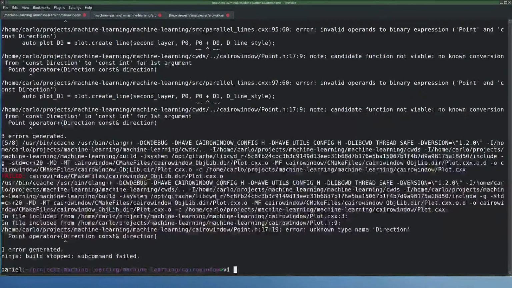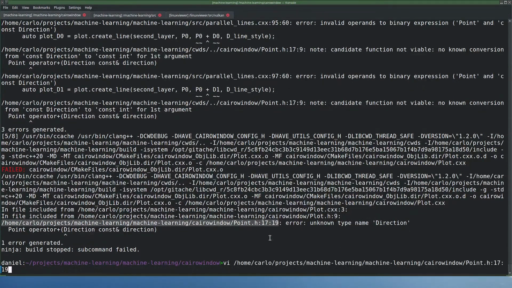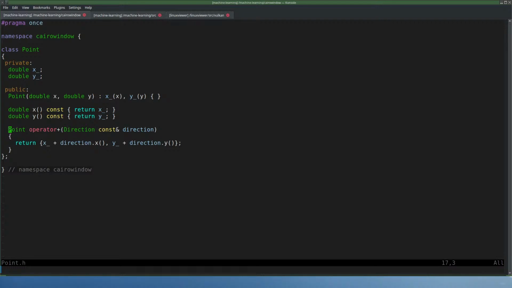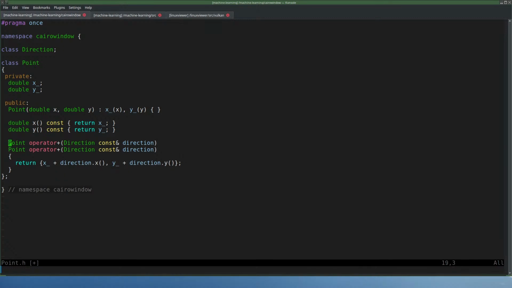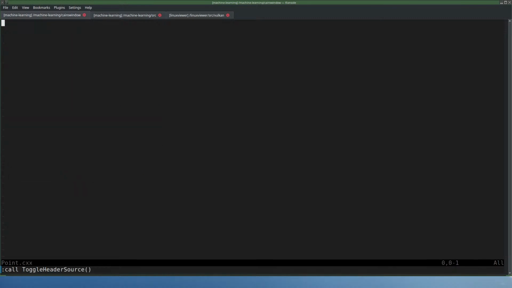What? Unknown type name direction. Yeah, maybe it's not safe to add it. Just declare direction here and then do it in a .cxx file, which doesn't exist yet, of course. Point, there was a member function of point.